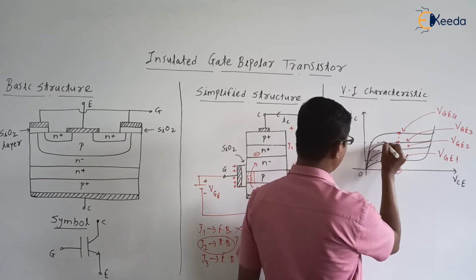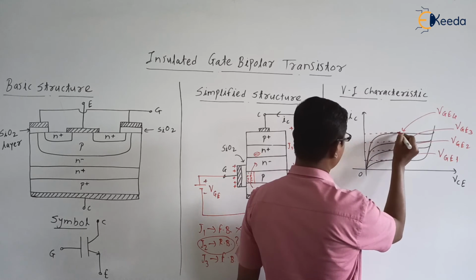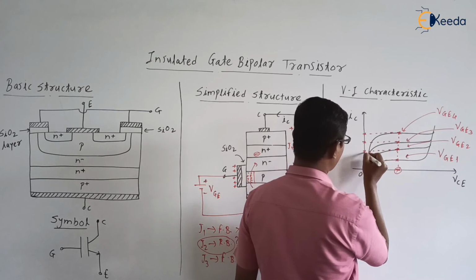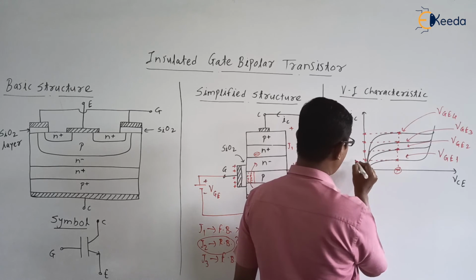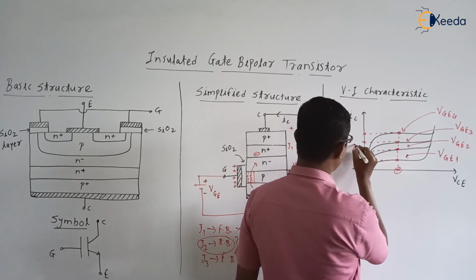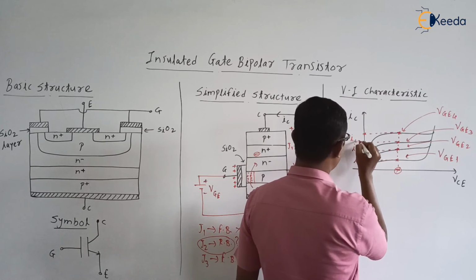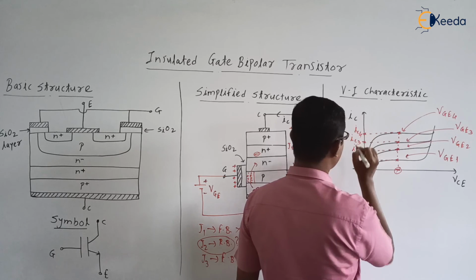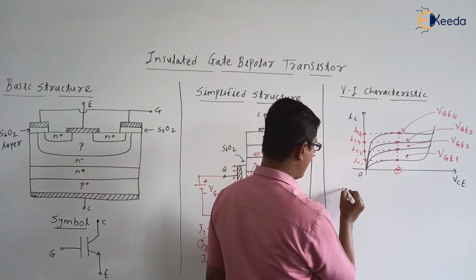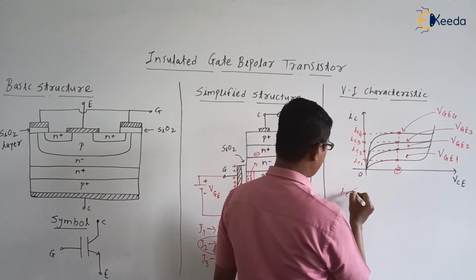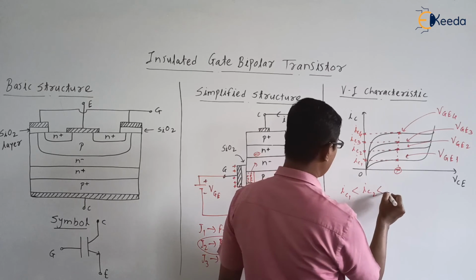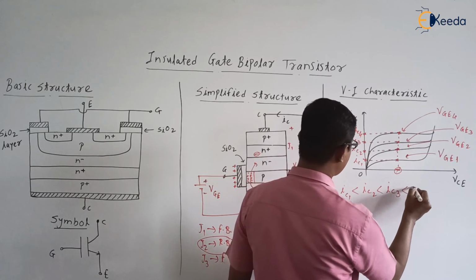Consider this is IC1, this is IC2, IC3, and this one is IC4. IC1 is less than IC2, less than IC3, less than IC4.